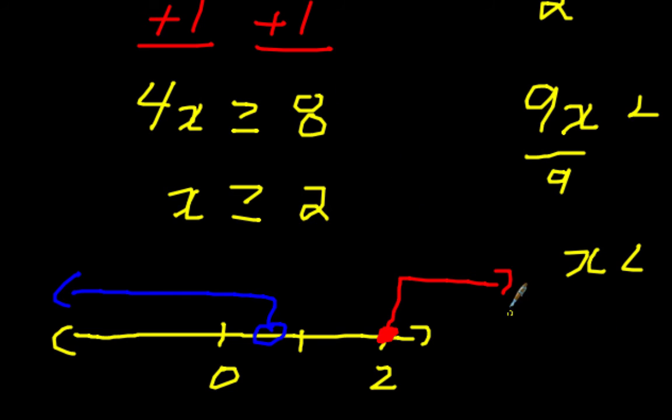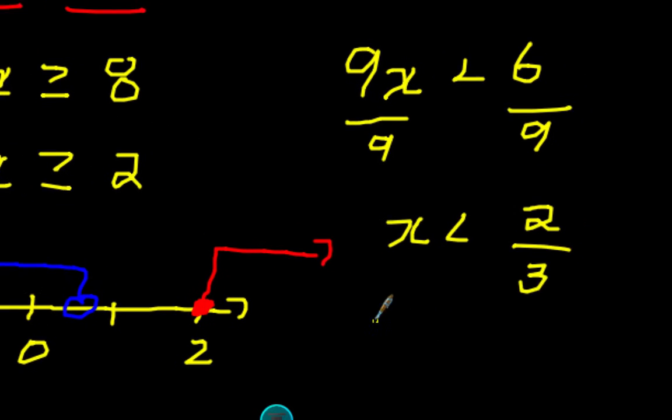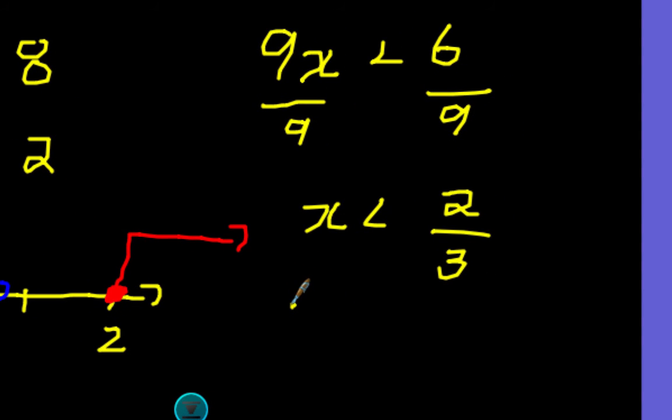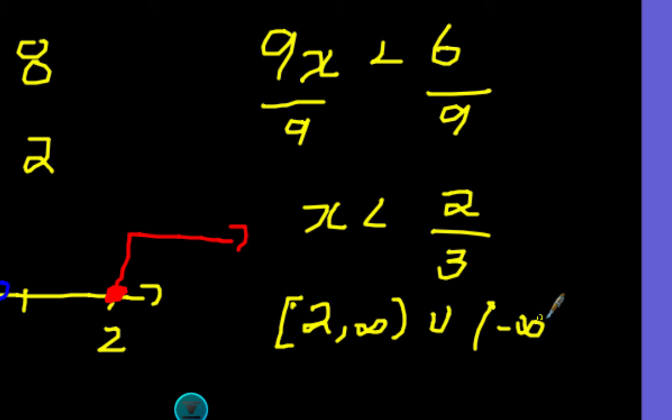If we wanted to make this into interval notation, we would have from 2 to infinity, or negative infinity to 2/3, open circles.